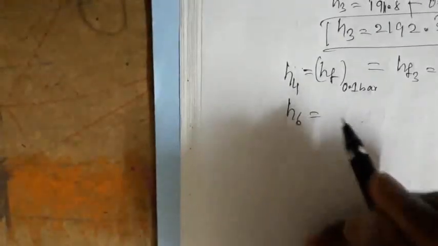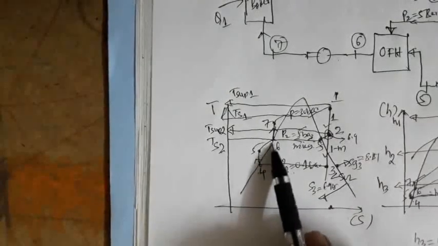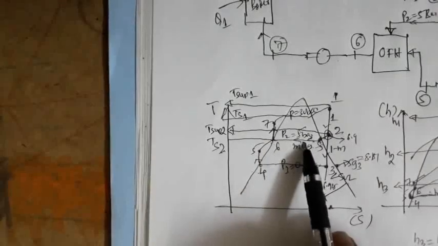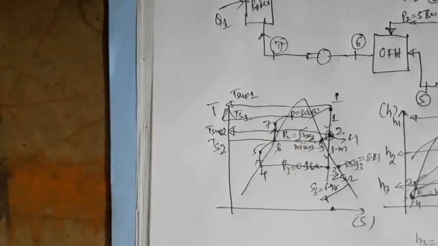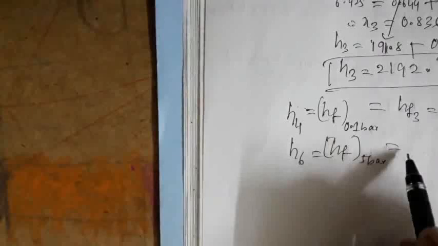And H6, the enthalpy at state 6, is nothing but the enthalpy of saturated liquid at pressure 5 bar, that is HF at 5 bar. From the property table we have noted this value as 640.1 kilojoule per kg.